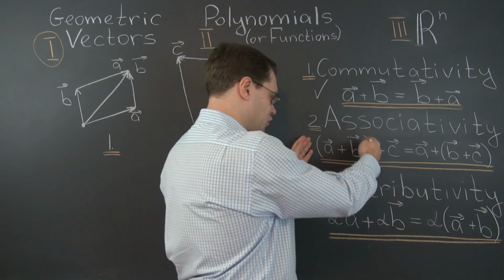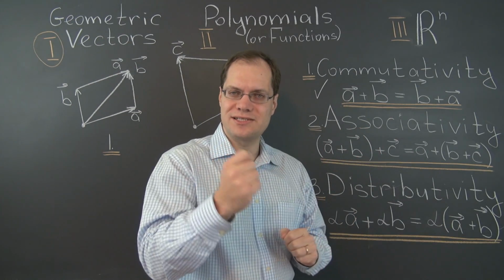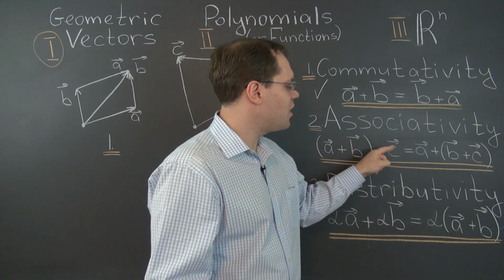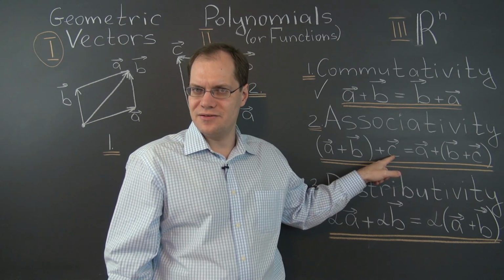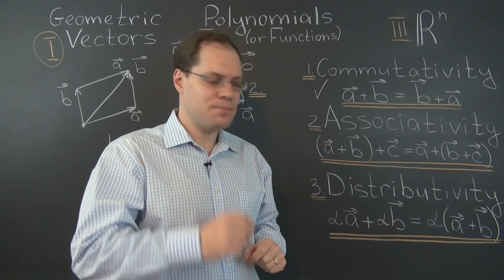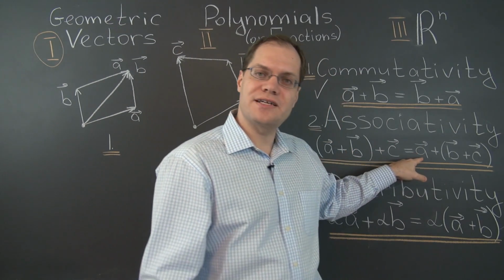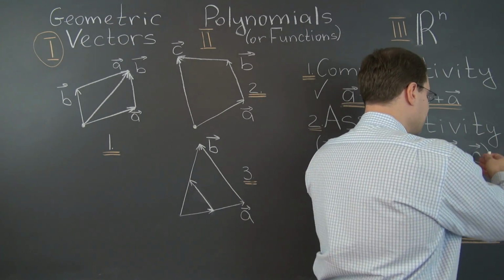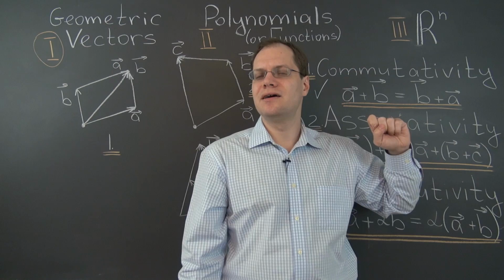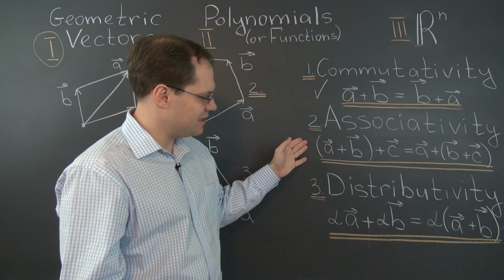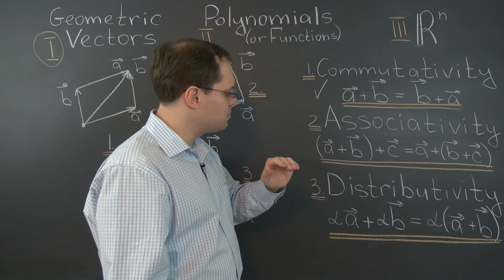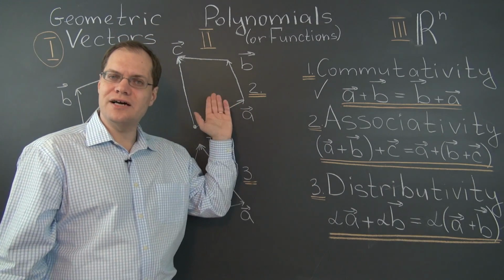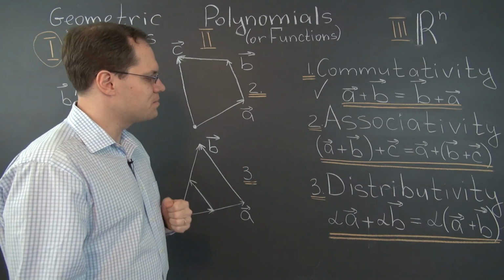It says that if you combine the first two journeys and capture them with a single vector, that's called a plus b, and then follow it up by the journey according to the vector c, you would end up at the same point as if you traveled according to the vector a first, and then traveled according to the combined journey of the vectors b and c. So once again, this looks innocent enough, and this is the sort of thing that we're perfectly used to when it comes to numbers. But with geometric vectors, we're yet to understand what the interpretation is.